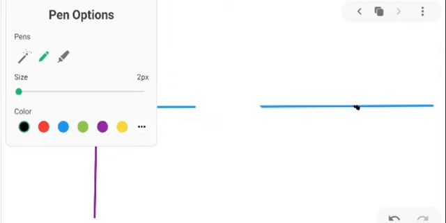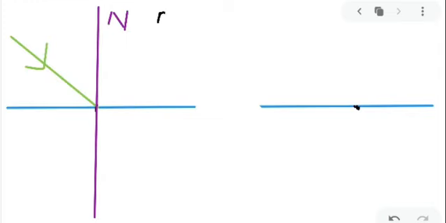Let me mark it N. So we have the normal. Again, let me write one more thing: this upper part is medium 1 and this lower part is medium 2.